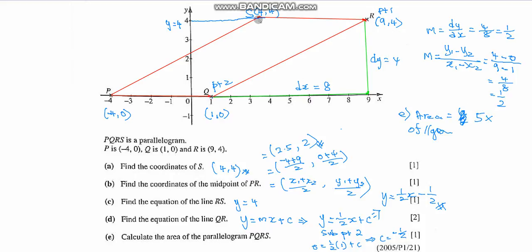The height basically is the vertical height, which is actually equal to 4. So 5 times 4 gives you a total value of 20 square units. Okay, that's it.